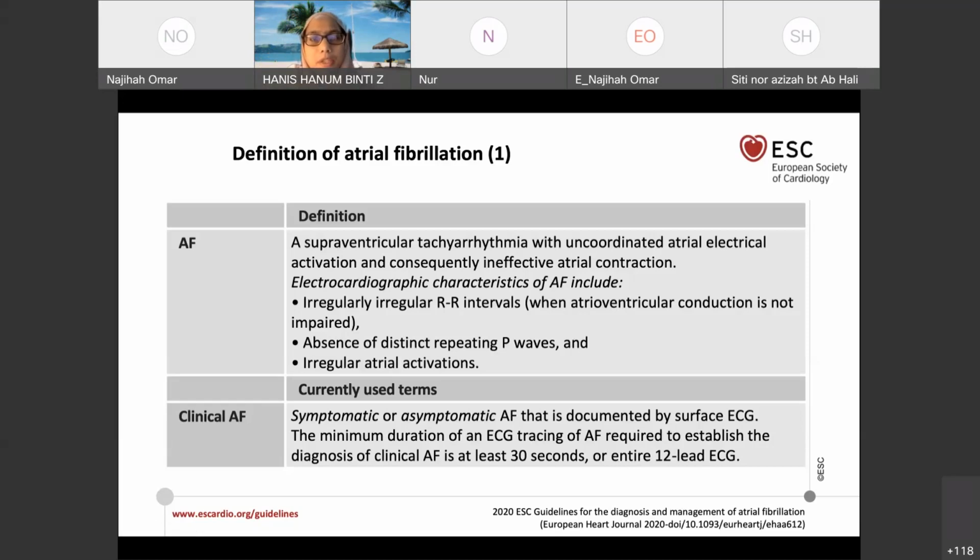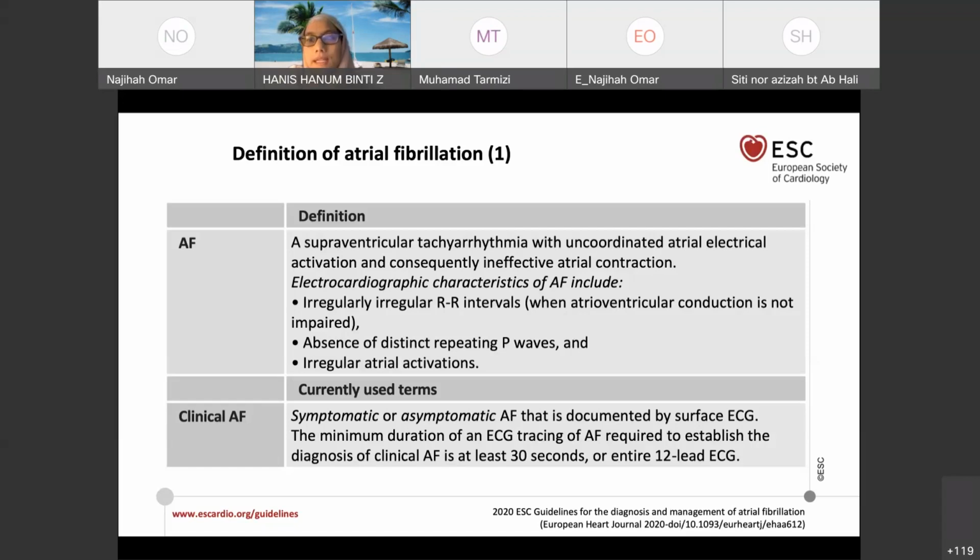The one that I posted, because this time around your classmates tak ada yang post anything regarding AF, so I had to find some videos from YouTube. The last video was on the patient's perspective with having AF. So mana-mana yang tak tengok lagi tu, you can have a look.